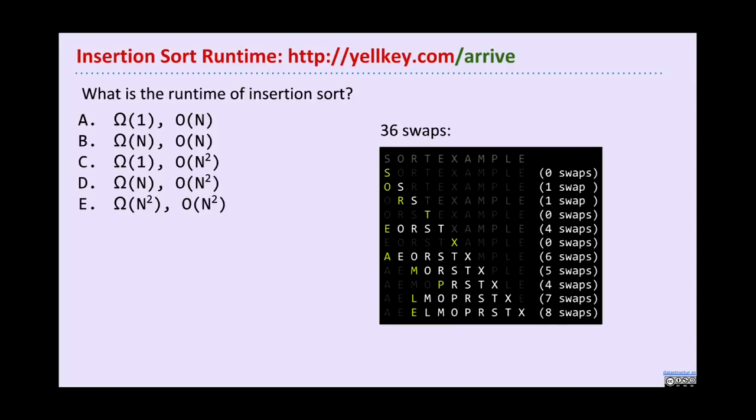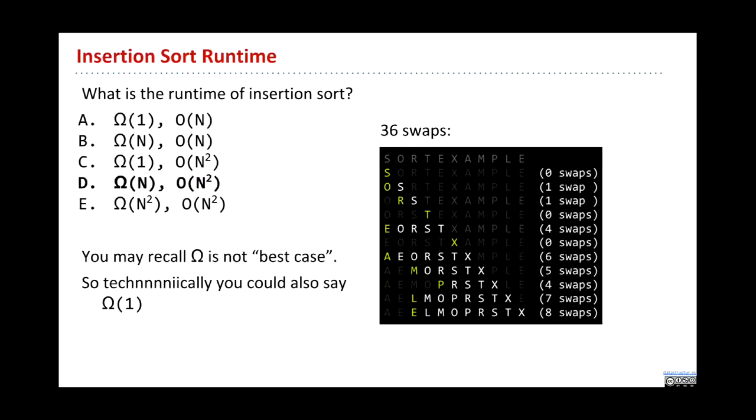All right, I will spoil it. It's actually 2 answers, but the best answer I'd say is omega n, big O of n squared.